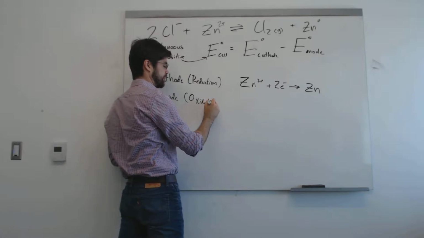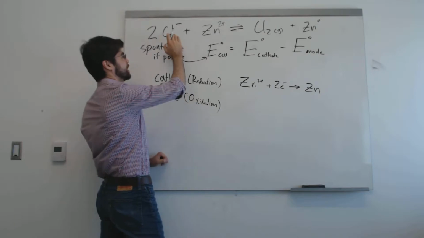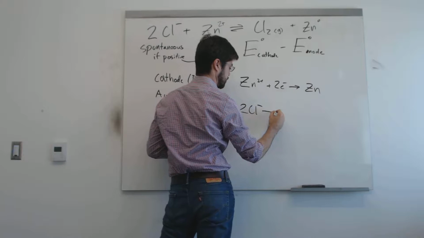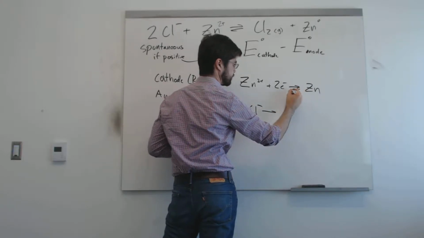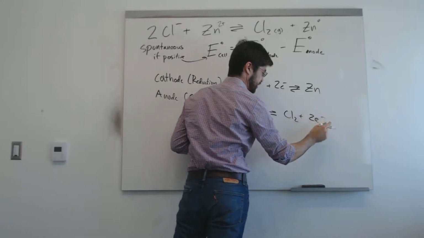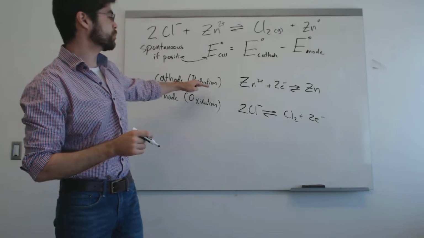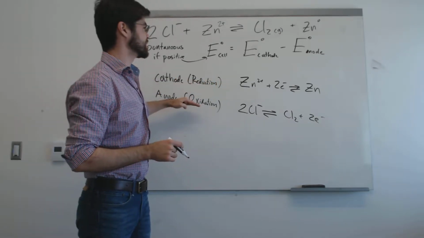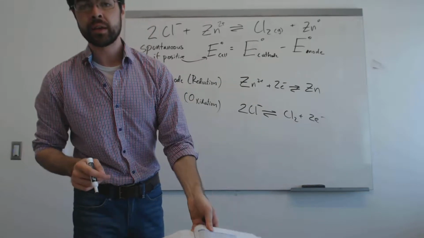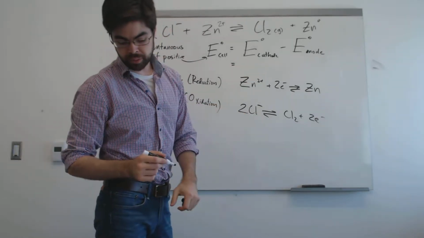And again, we might have been able to predict that ahead of time since the anode is where oxidation is occurring, and here the chloride is losing electrons to make chlorine gas, and there are the 2 free electrons. So I've figured out which of these is the cathode and which is the anode. Now I need to reference the table of standard reduction potentials and figure out what values I should plug in here.